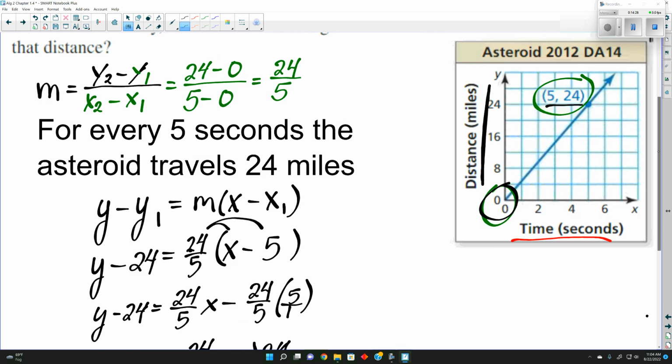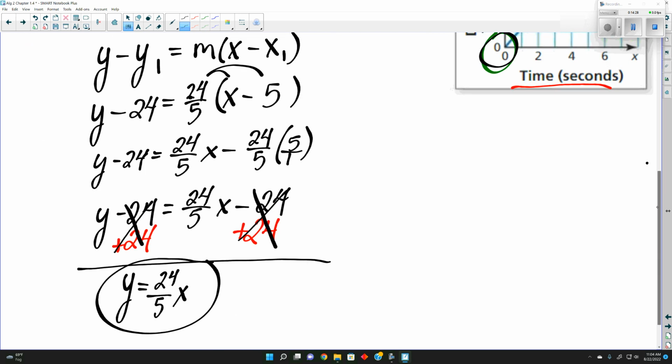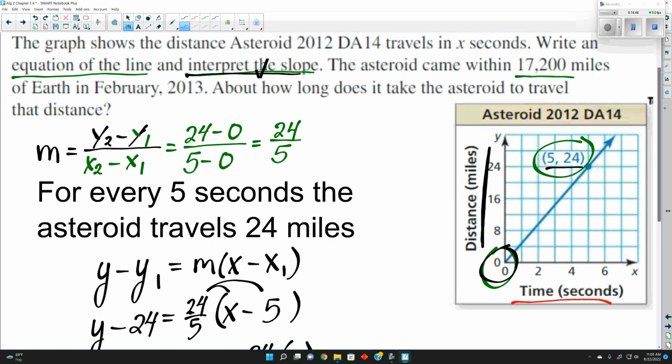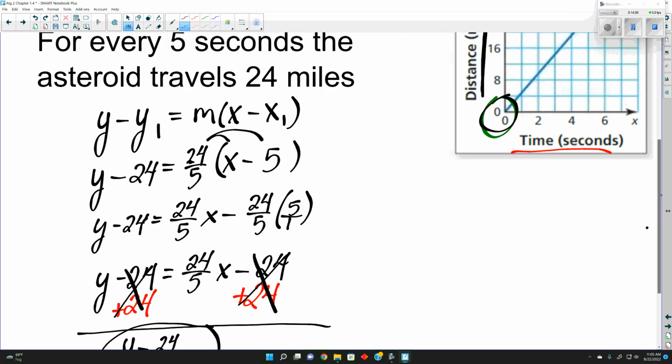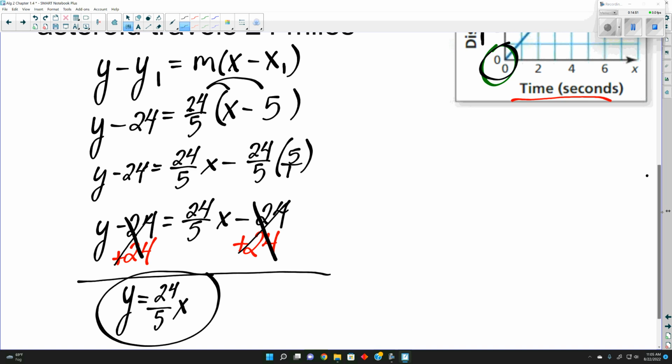So, we found the equation of the line, we interpreted the slope. Now we just need to find out how long it takes for this asteroid to travel 17,200 miles. Now, distance, again, because x is our time, guys.